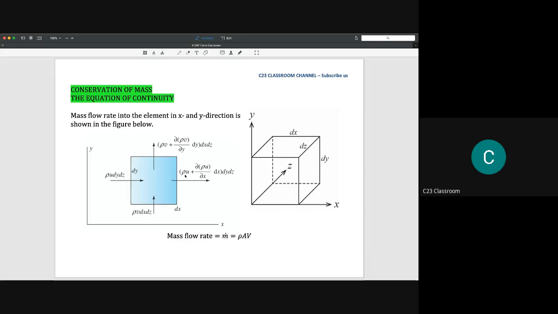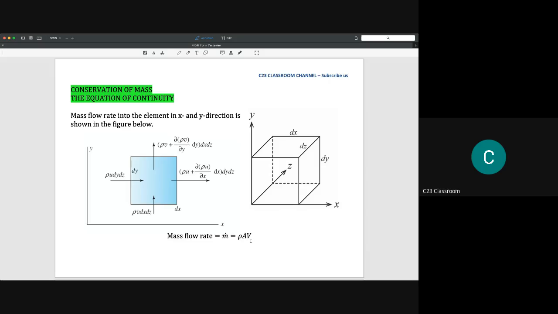However, for rho and V, in this situation we are discussing rho and u. For rho u, we write rho u plus del rho u over del x, because we need to use the partial differential method. The idea is that we have density and we have velocity.